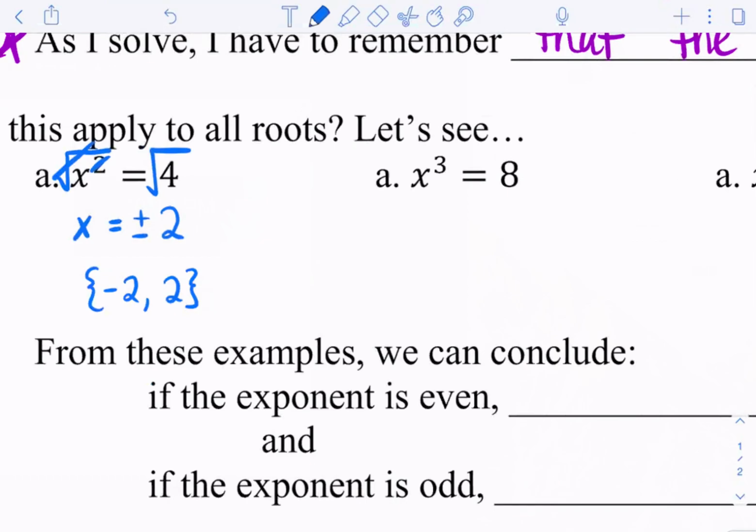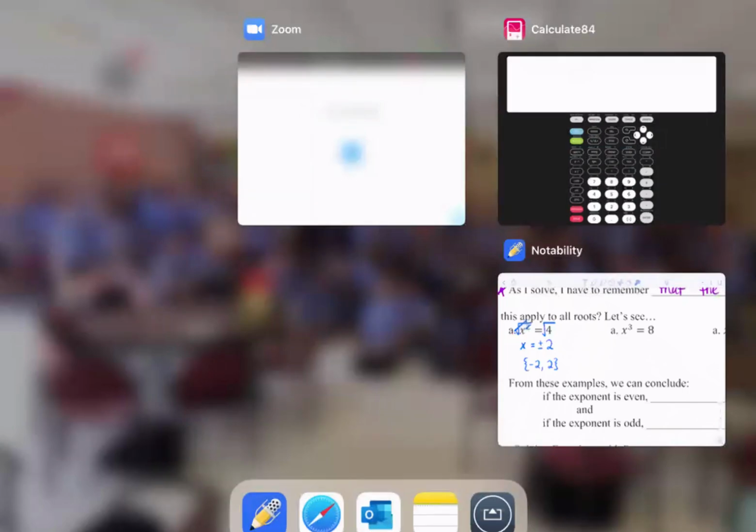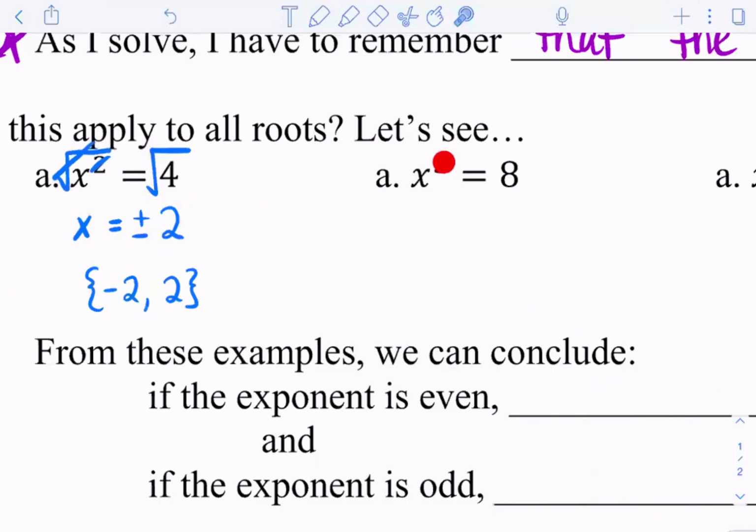So if I look here, I need to think, what number to the third power equals 8? So I need to come into my calculator. Now, to get rid of a cube here, I don't square root, I now have to cube root. Okay, so here I have to cube root, because a cube root will get rid of the 3.